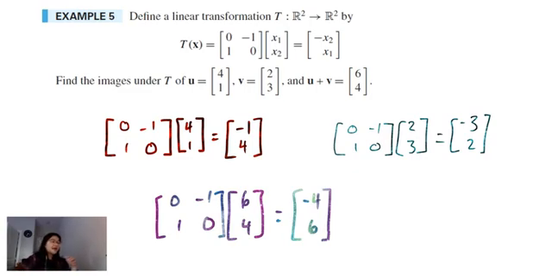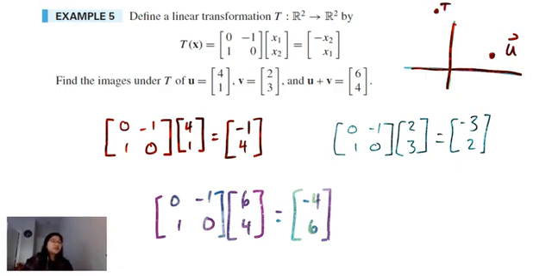So geometrically, what's happening here? So if we have, change colors. So if we have 4, 1, so this is u, and then we're taking our image of u, and that's going to give us -1, 4.